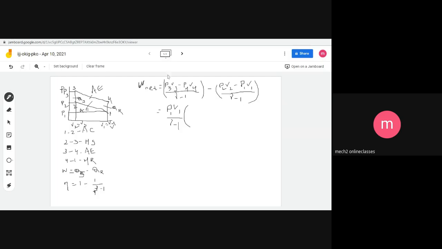So how can we write this derivation? P3 V3 by P1 V1 minus P4 V4 by P1 V1.